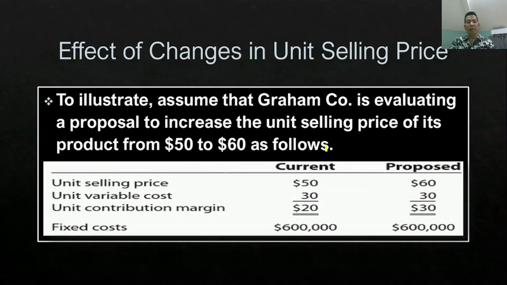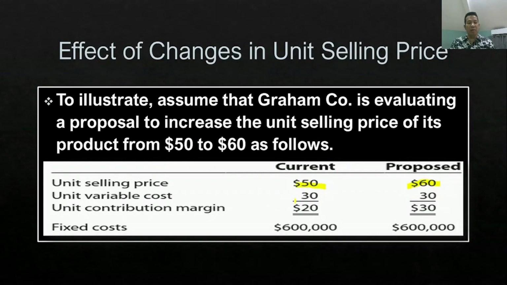So to illustrate, assume the Graham Company is evaluating a proposal to increase the unit selling price of its product from $50 to $60 as follows. So the unit selling price of 50, ito yung sa ngayon, mayroon silang proposal na 60. Tinataasan nila yung unit selling price.